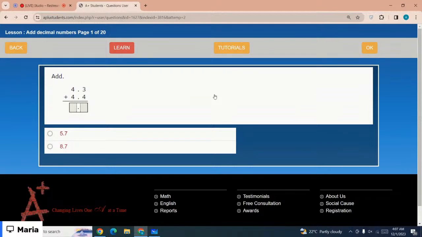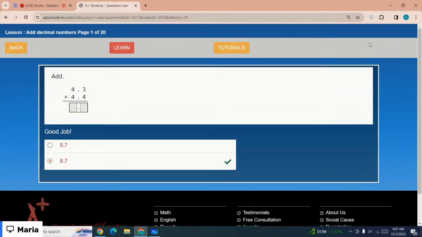Yes, it is 8.7. You have to add 4 plus 3, that is 7. Then you have 4 plus 4. The correct option is 8.7. It is right. Very good.